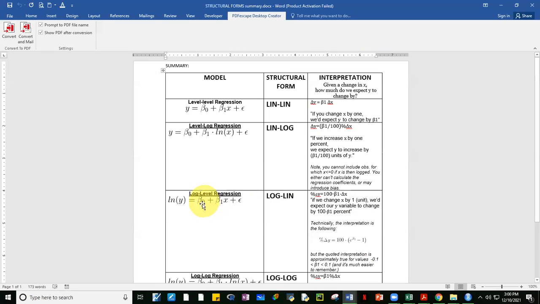Okay. Ang nakalog natin si Y. So pag binasa natin si Y, kailangan i-multiply mo siya ng 100. Okay?